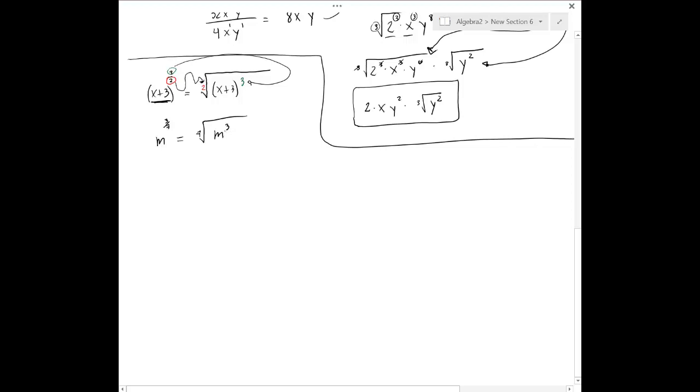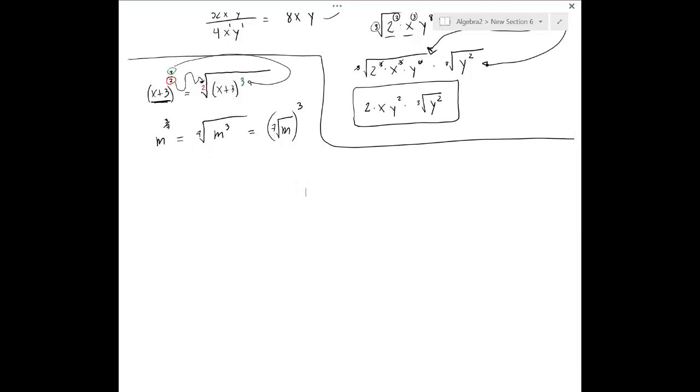Very key observation here: I can put it as an exponent on the m inside of this radical, inside of the house, or I can have the radical with the m underneath and then put the exponent on the outside. They are equivalent. They are the same thing. I can prove that actually really quickly.